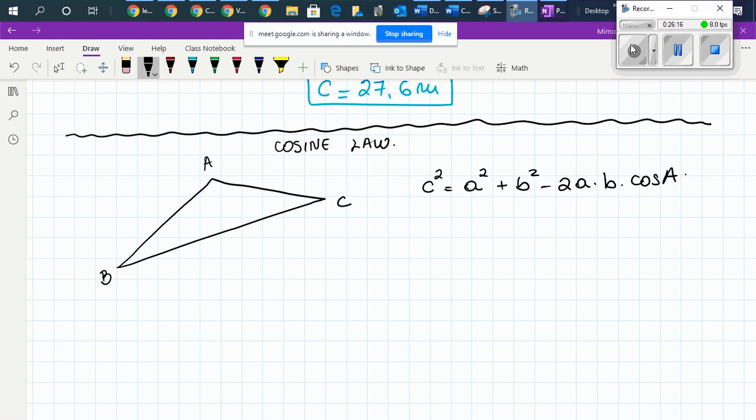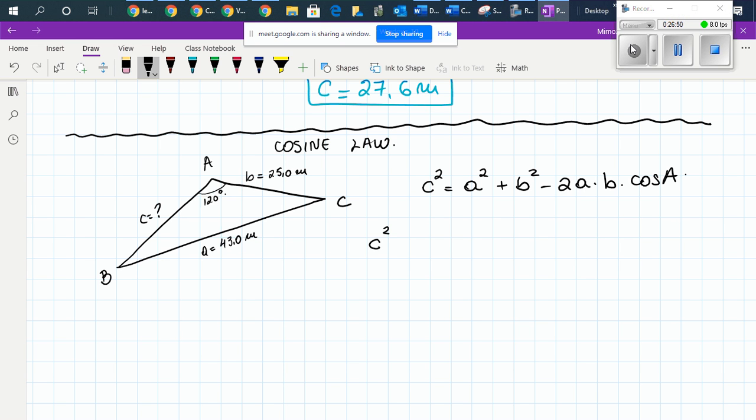So now in this case, let's suppose that we are looking for side C when A is given as 43 meters and B is given as 25 meters, while the angle A is 120 degrees. So we will apply the formula straight.